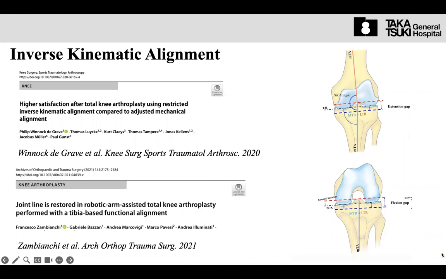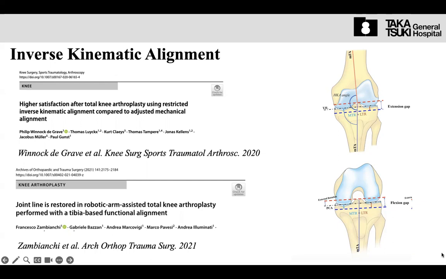in the gap balancing technique, the tibia plateau is cut perpendicular to the tibia axis. But in inverse kinematic alignment, cut the tibia parallel to the joint line. That is the difference. Then cut the femur parallel to the tibia cutting plane.